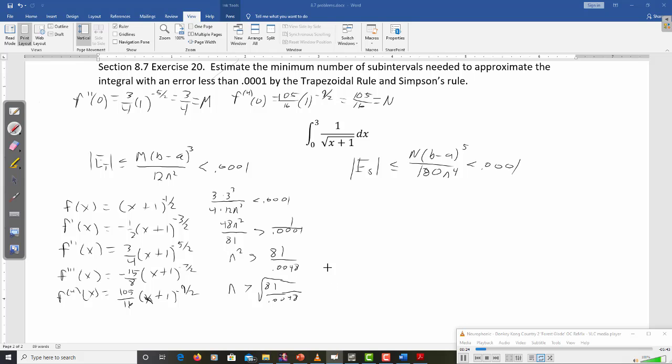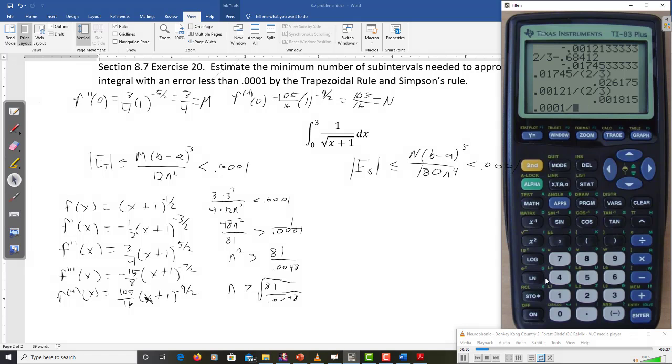If we plug that into the calculator, the square root of 81 divided by 0.0048, we get 129.9. Now remember, this is going to be the minimum number of subintervals needed to approximate the interval.